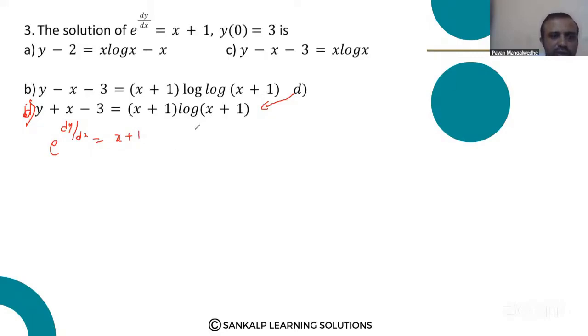The initial condition given is y of 0 is equal to 3. Just a minute, I cannot write this. This initial condition is given.